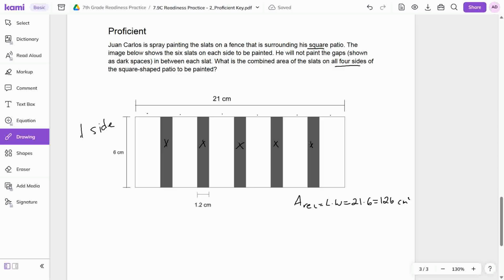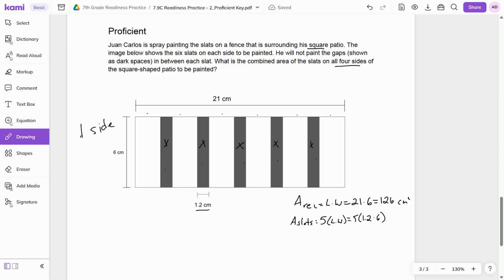Now, we've got to remove these little sections. Okay, so this little section right here, let's deal with this one. So the area of a slat equals, first, there's 1, 2, 3, 4, 5, so let's do 5 times length times width. All right, so the length is 1.2 times, and then my width is still 6.